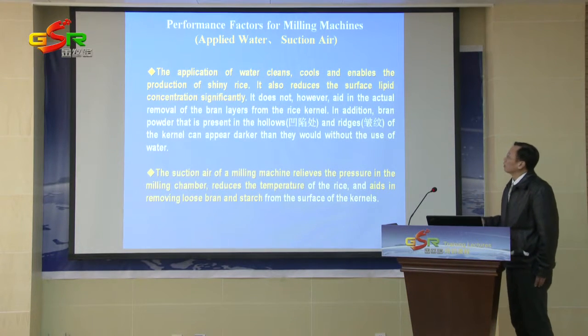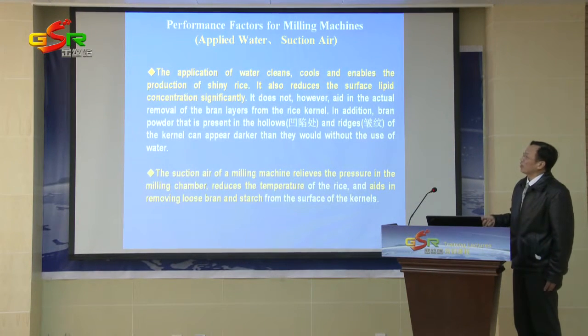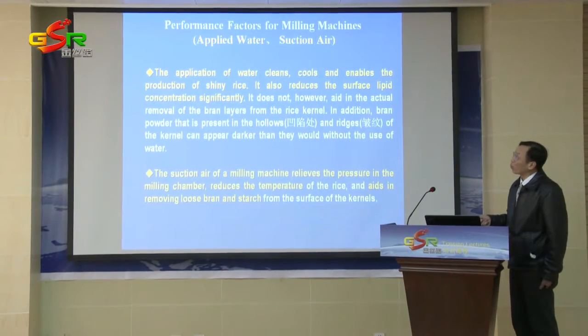So in the final processing, we use mist polishing and air to reduce the temperature and remove the bran and starch on the surface of the kernel to get better quality white rice.